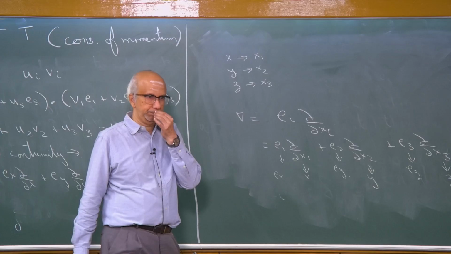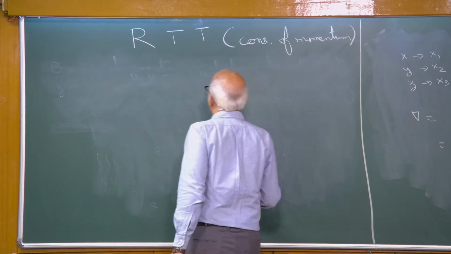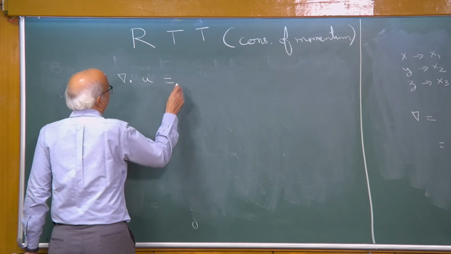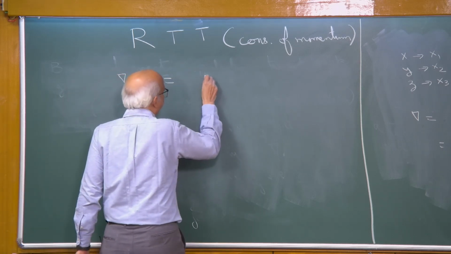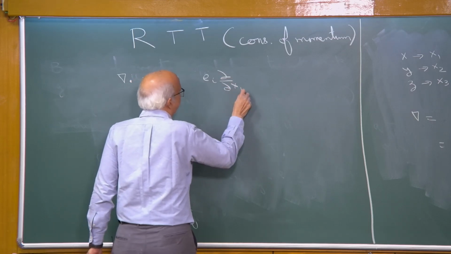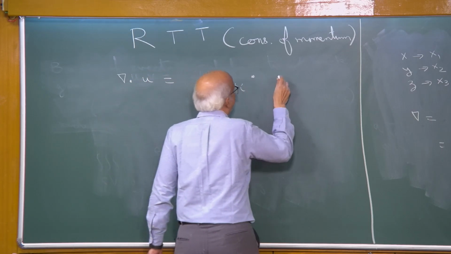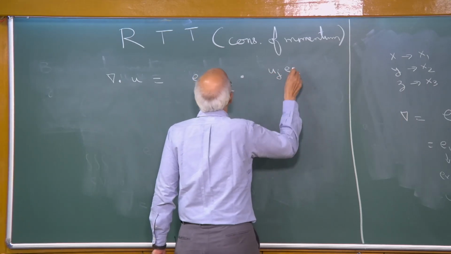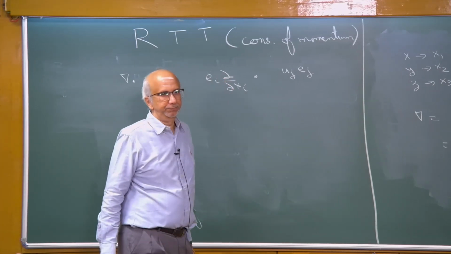So what is del dot u? Ei d by dxi dotted with uj ej, right.